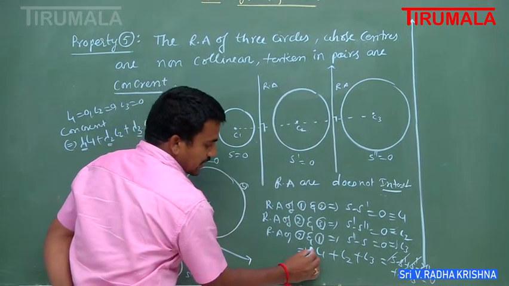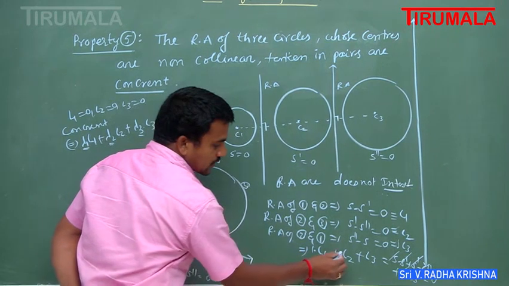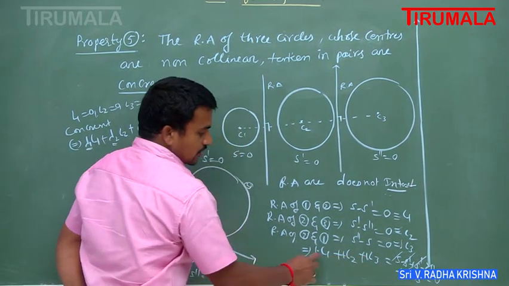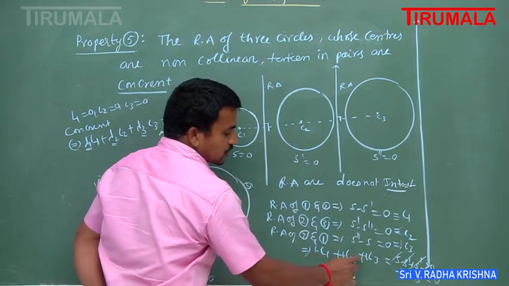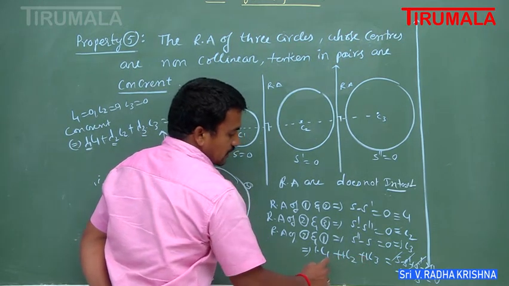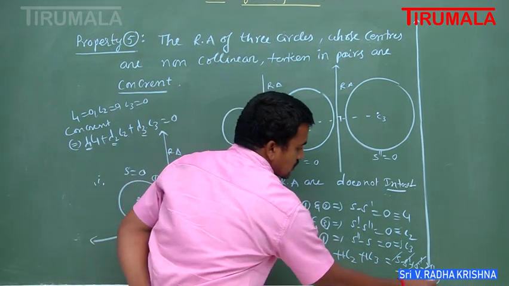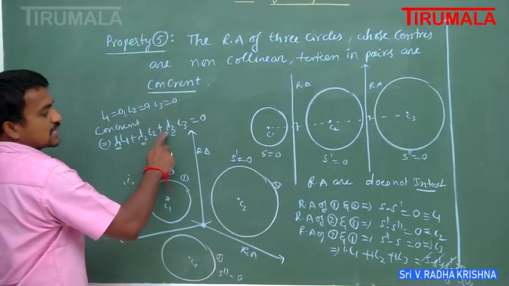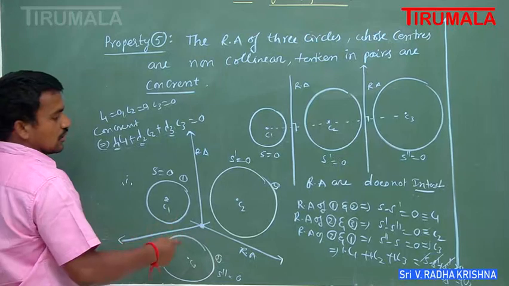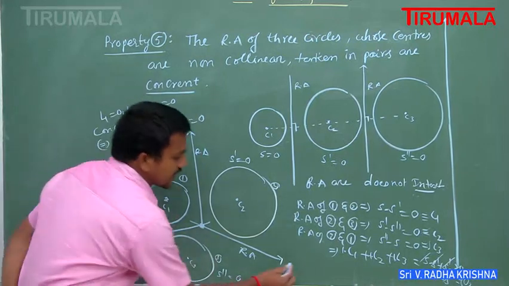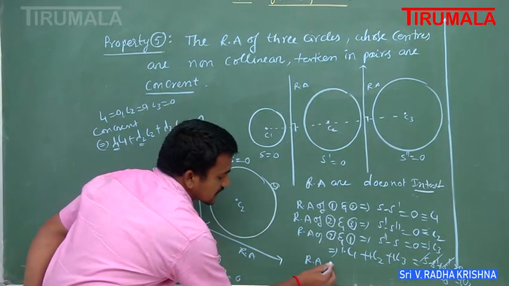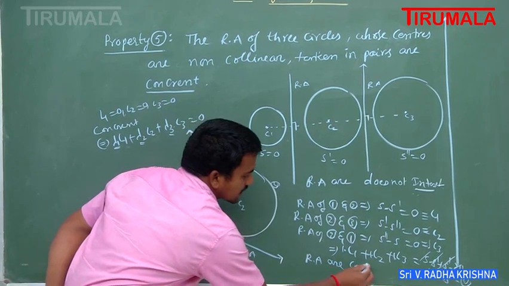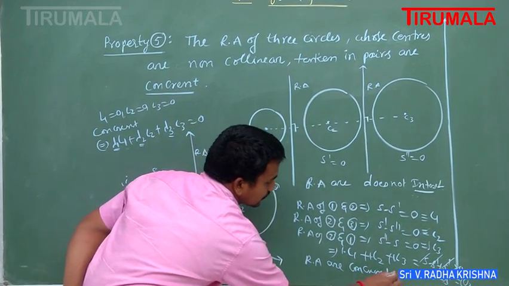So non-zero scalars lambda 1, lambda 2, lambda 3 exist, namely 1, 1, 1. So the linear combination lambda 1 L1 plus lambda 2 L2 plus lambda 3 L3 is equal to 0. So these three lines are concurrent. So the radical axes are concurrent lines.